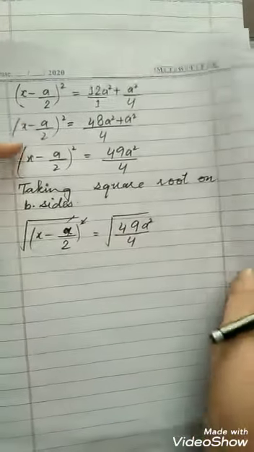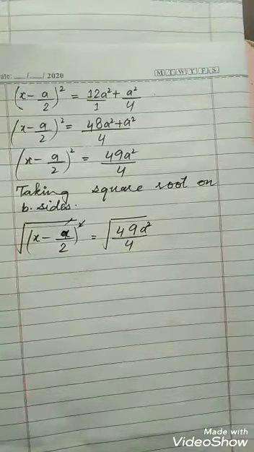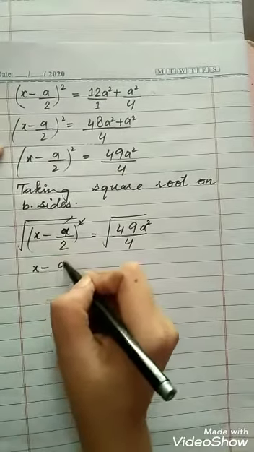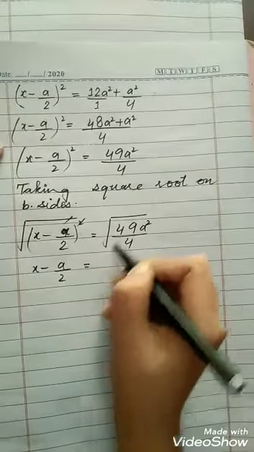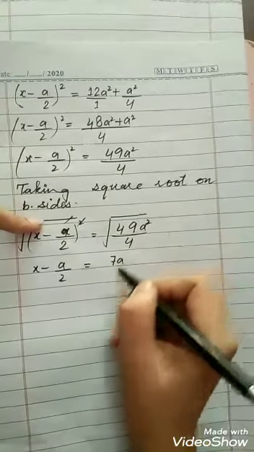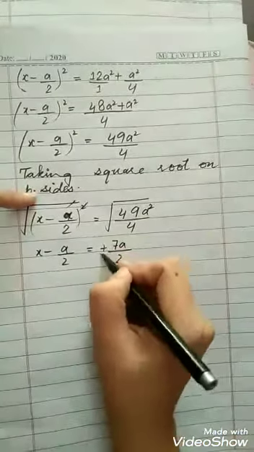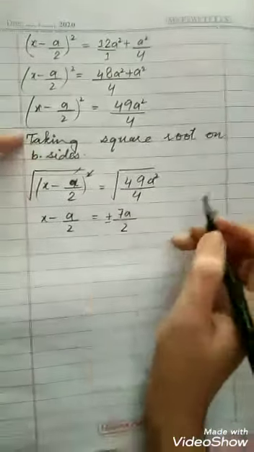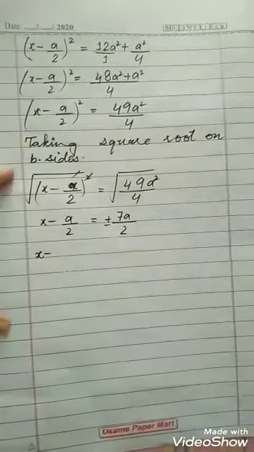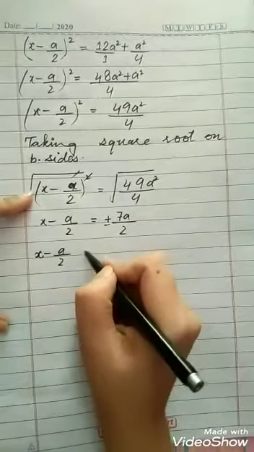Square is cancelled with square root, so it will remain x minus a by 2 is equal to, after taking the square root of 49, that is 7a, and the square root of 4 is 2, plus minus because we have taken the square root here. So we will compare it.